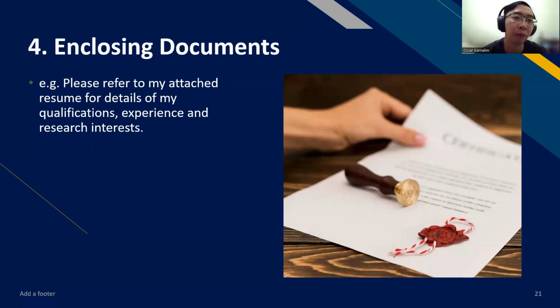And after that, usually we will start discussing documents. So usually when you send a job application letter, you will also give a resume or maybe a CV, and we need to say that in the letter. We say, please refer to my attached resume for details of my qualifications, experience, and research interests.